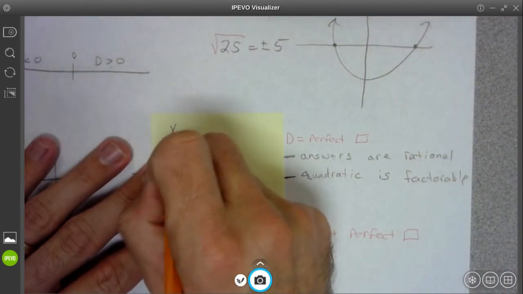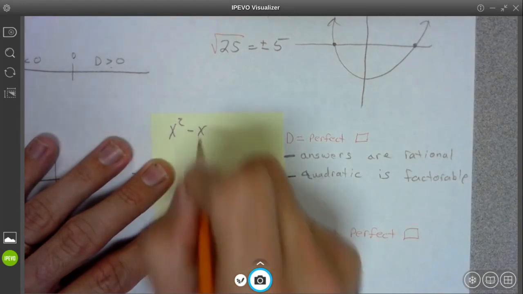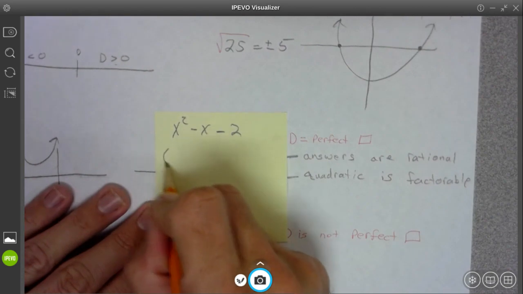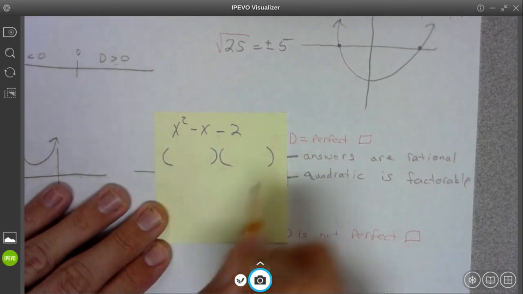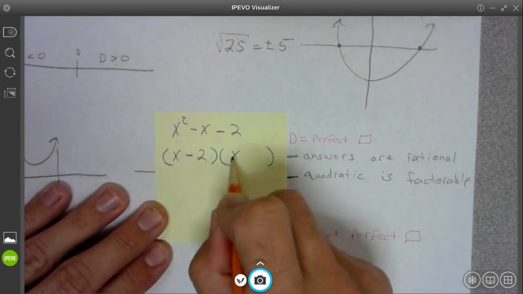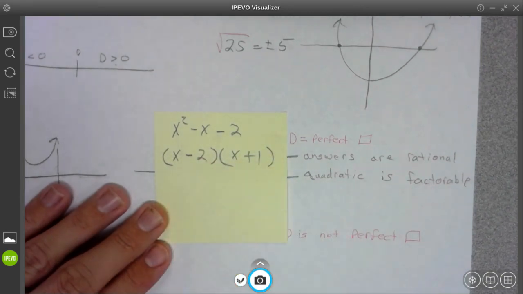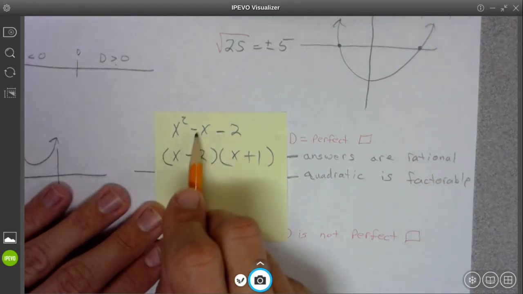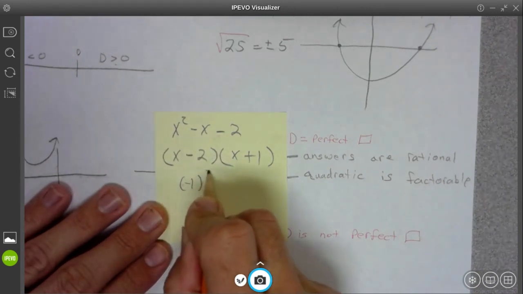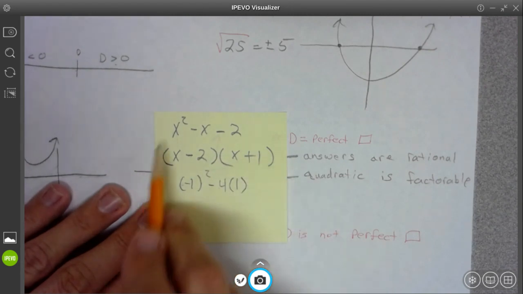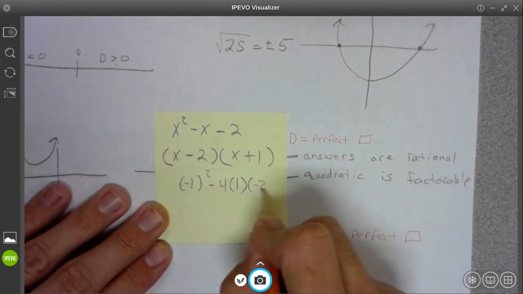So let's say you were dealing with x squared minus x minus 2. This will break down into factors. It would be x minus 2 and x plus 1. And when I find the discriminant, b squared would be negative 1 squared minus 4 times a times c.